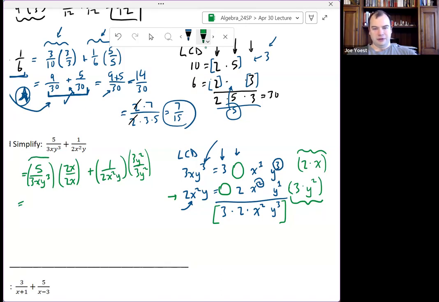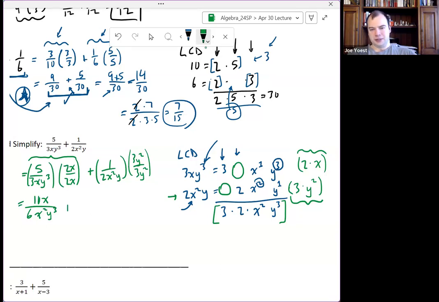Now, if I look at my first product here, remember I do multiplication before addition. If I'm multiplying two fractions, I multiply across the top. 5 times 2x gives me 10x. And I multiply across the bottom. 3 times 2 is 6, x squared, y cubed. That takes care of my first product.